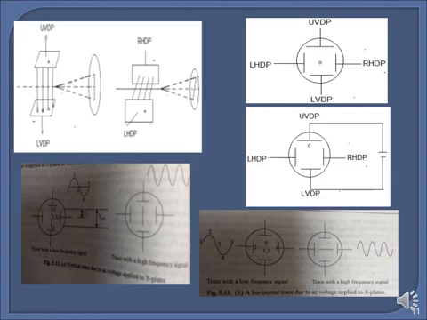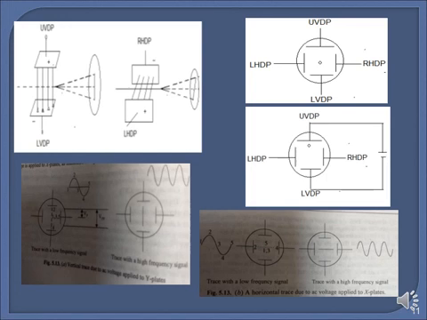How the electron beam is deflected is shown in this figure. In this figure, when the upper vertical deflecting plate is positively charged, then the electron beam will be deflected towards the UVDP.